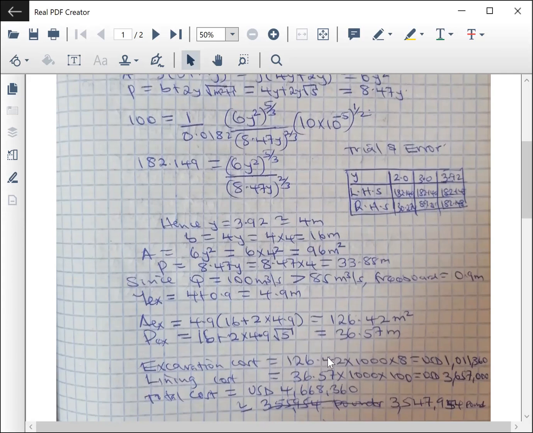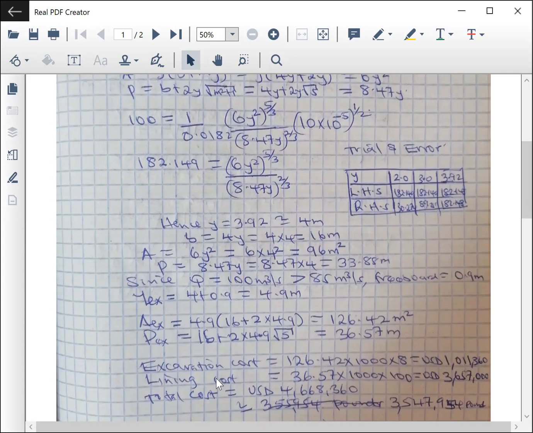We are told 1 kilometer, so we have 126.42 here. I multiply by 1 kilometer, which is 1,000 meter, times this 8, which is the cost of excavating 1 meter. So I get 1,011,360 USD.